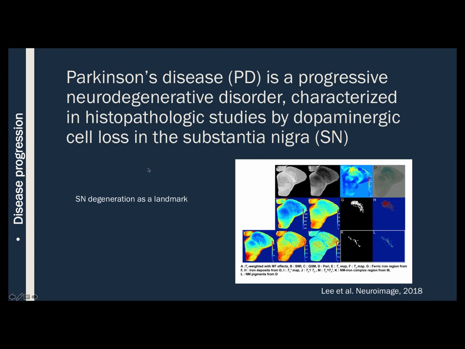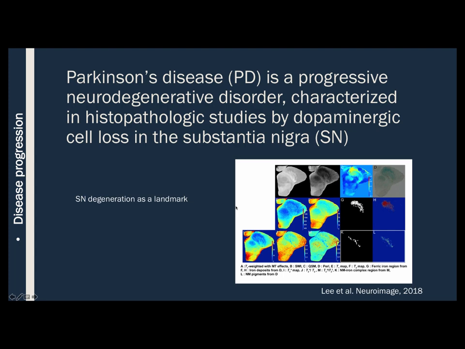And one of the characteristics is the dopaminergic cell loss in the substantia nigra. These are some histological images. And what I wanted to point out here is that depending on what you're trying to trace, you can define different parts of the substantia nigra. So this is iron content, and this is neuromelanin, for example.